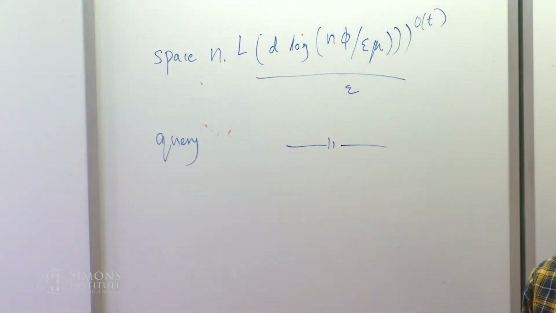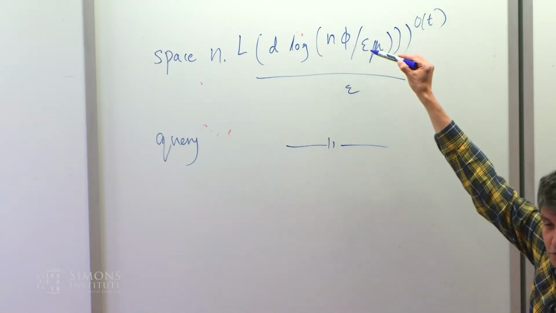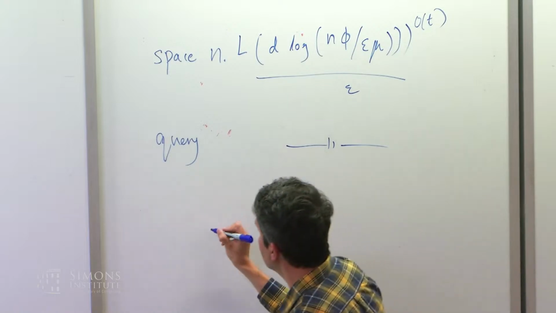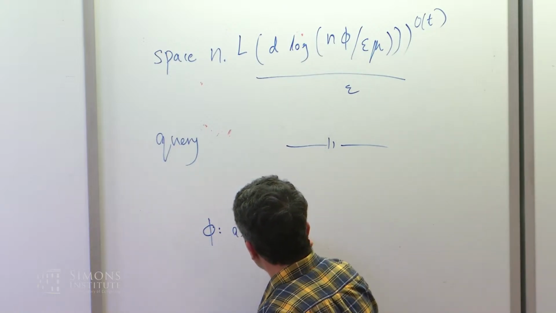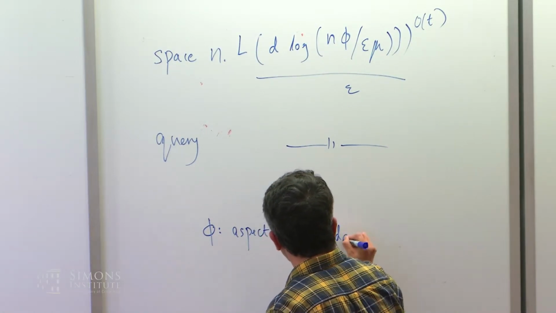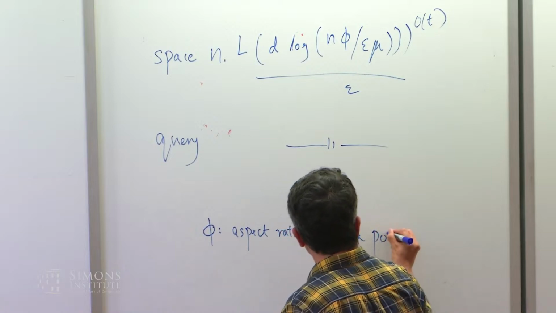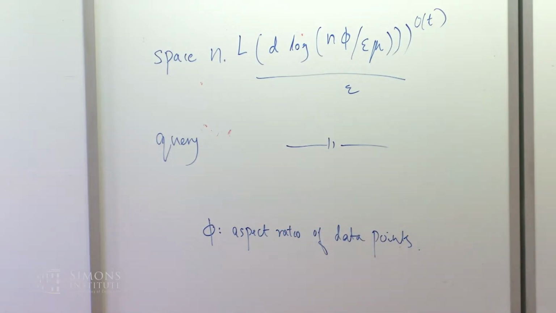Some maybe you can eliminate, some seem harder. So one factor that we have is this aspect ratio phi, which I did not define. So phi is just the aspect ratio, the ratio of maximum distance to minimum distance.